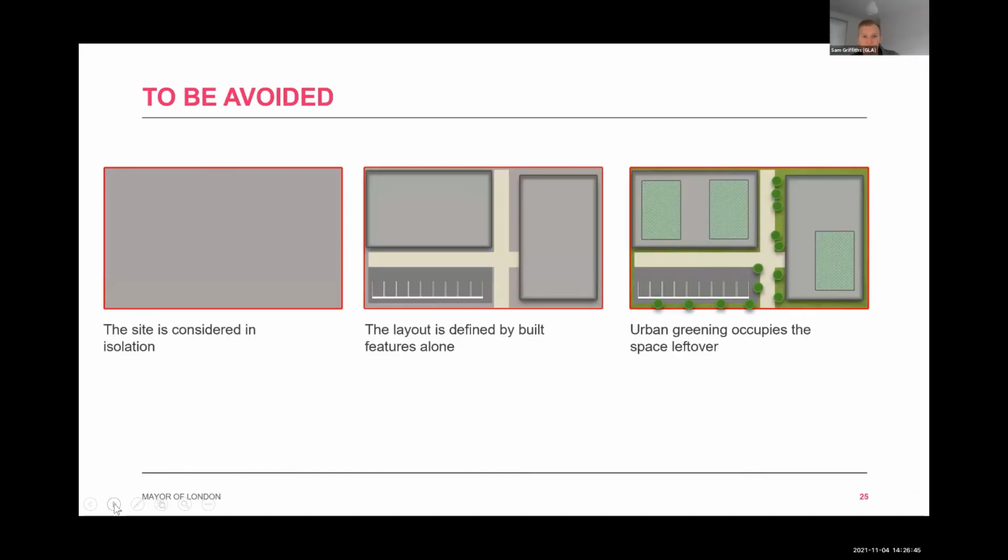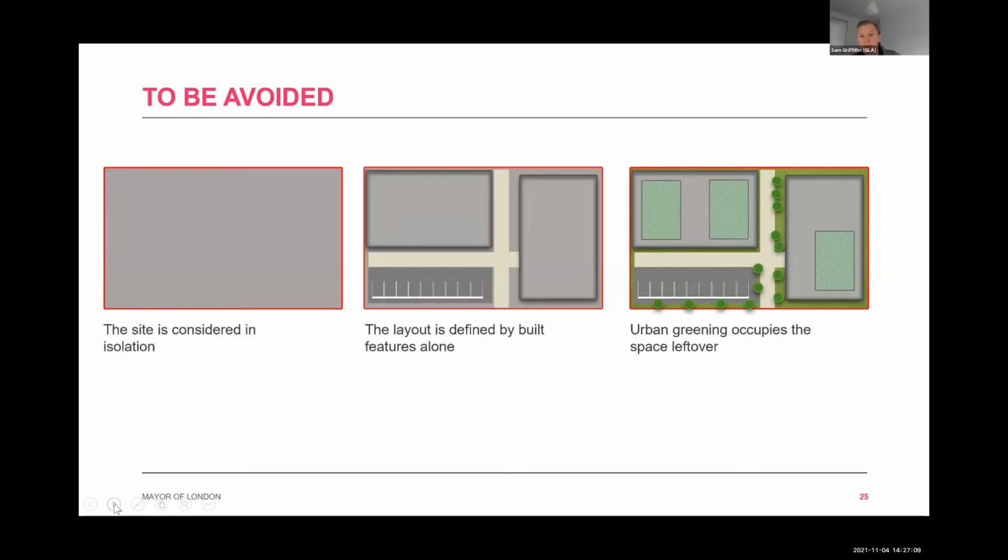Next slide, please. So this is really the scenario that the UGF and policy G5 is seeking to avoid, and unfortunately is familiar to, I'm sure, many, where an application site is considered in isolation, by which we mean we're not looking beyond the red line. It's considered as an island.